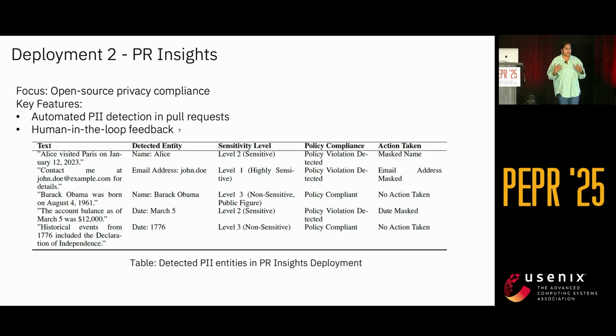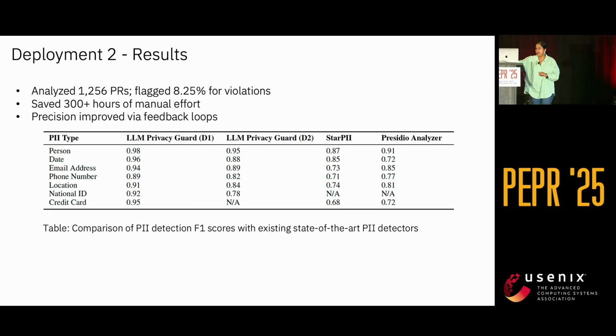So for other PII types like date of birth, location, if we are able to tie that information entity to a person, we are able to say that, okay, this is someone's information, and now how do we rank its sensitivity. And lastly, if it's a public person's information, how much do we want to restrict that information, especially in an open source setting. Based on that, we had this deployment that was pushed.